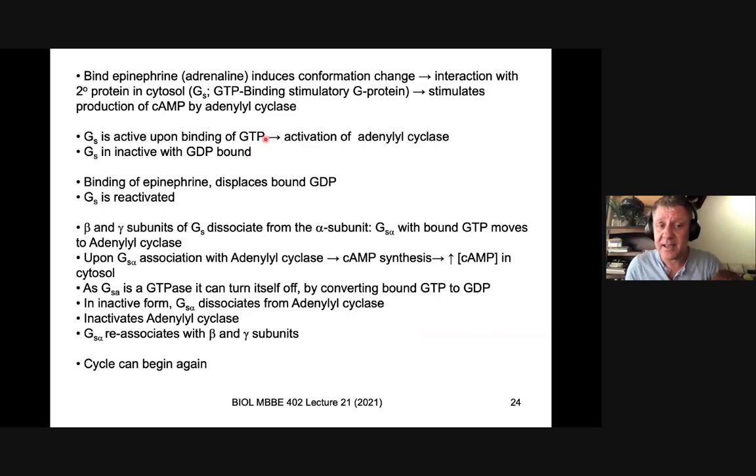So in this case, when we have the stimulation of the external source, in this case epinephrine or adrenaline, we are seeing GDP being displaced. Therefore, the stimulatory protein is then activated. This dissociated protein then basically interacts with the alpha class of G proteins.